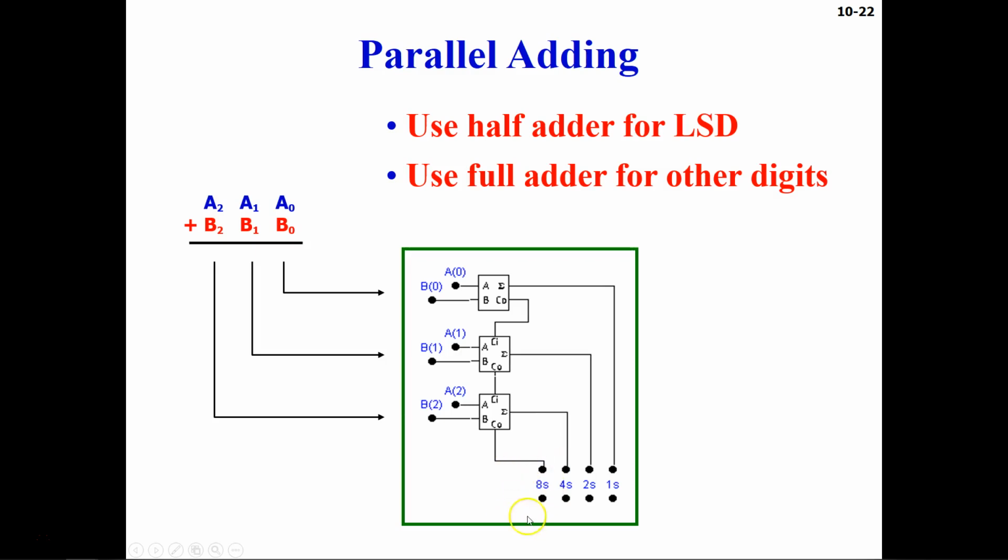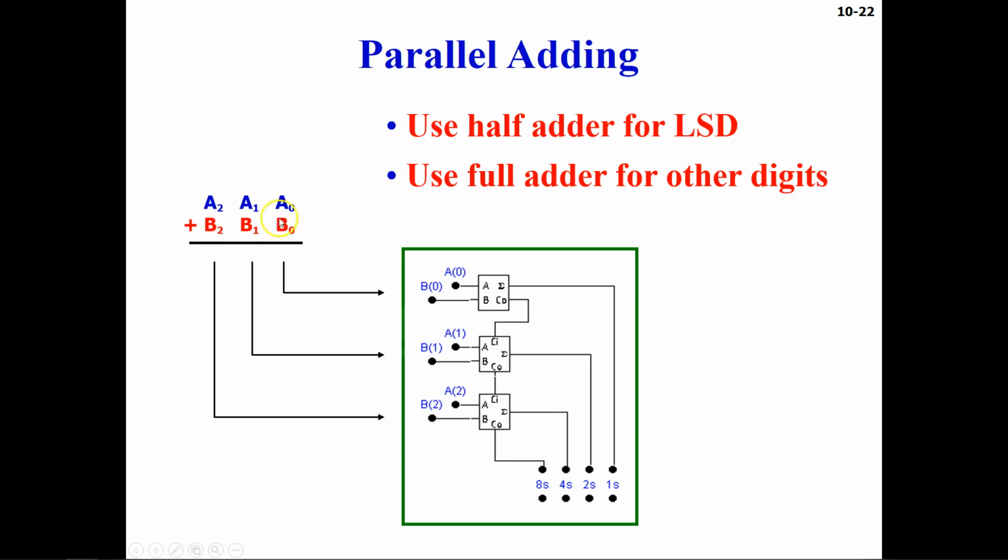This is your most significant digit, and this is your least significant digit. If you notice, the least significant digit is the sum from the half adder, and the most significant bit is the carry out from the final full adder.